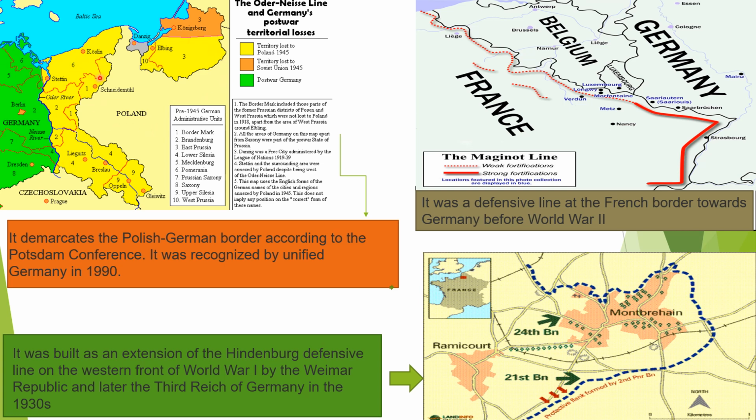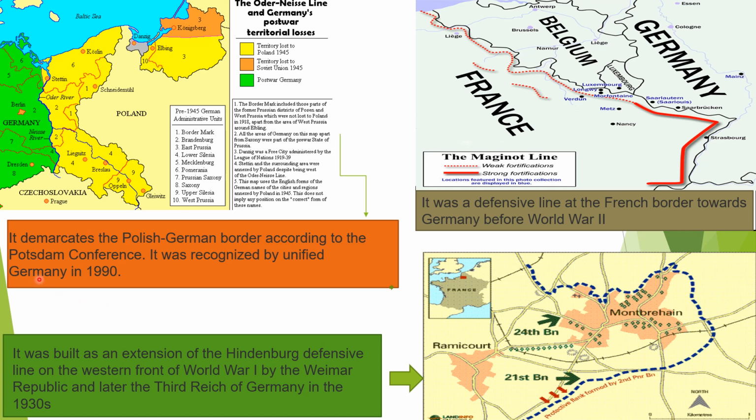Look at this. I mentioned some very important international boundaries. First, the Oder-Neisse Line. The Oder-Neisse Line lies between Germany and Poland, and it demarcates the Polish-German border.